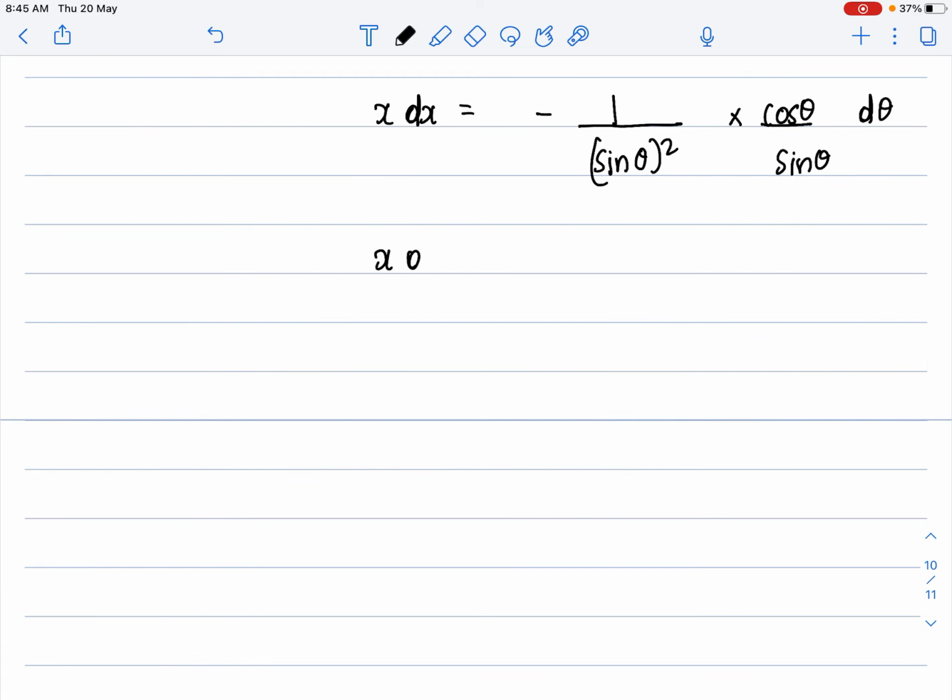Multiplying this gives x dx equals minus cos theta over sine cube theta d theta.